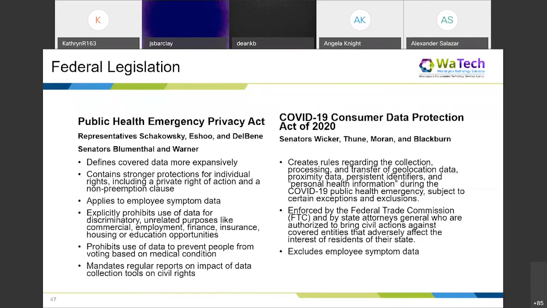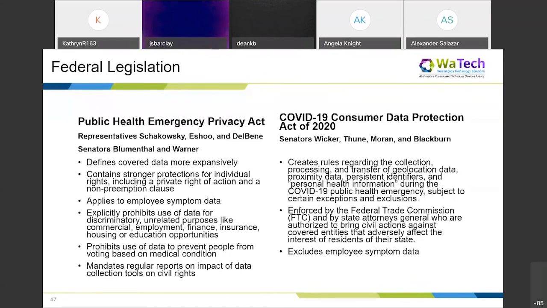So there are some differences between the legislation, and I would point out that a lot of the parts of the Democratic bill get into some of what has been contentious issues even in our own state in terms of enforcement.